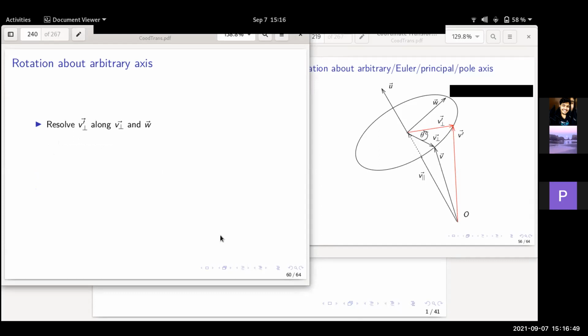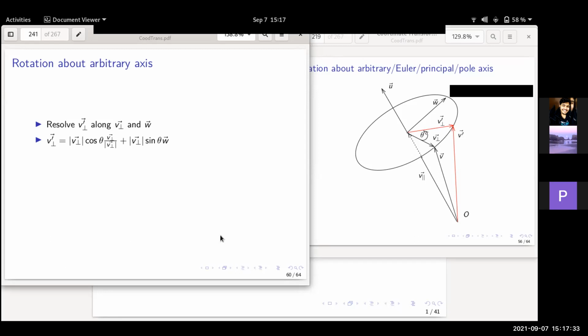So let us resolve V perp dash along V perp and W. Since the angle is known, you can do this. You take a unit vector in the direction of V perp; W is already a unit vector. Since the angle is known, it is just cos theta and sin theta. So V perp dash is the modulus of V perp, since both are the same, times cosine of theta in the direction of V perp divided by modulus of V perp, because we are taking the unit vector in the direction of V perp.